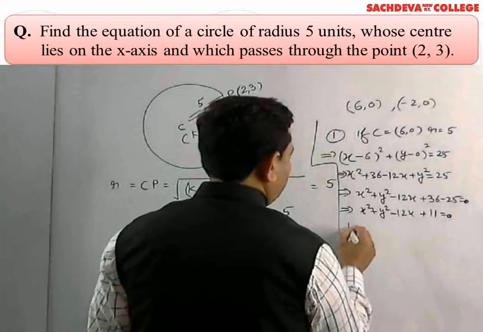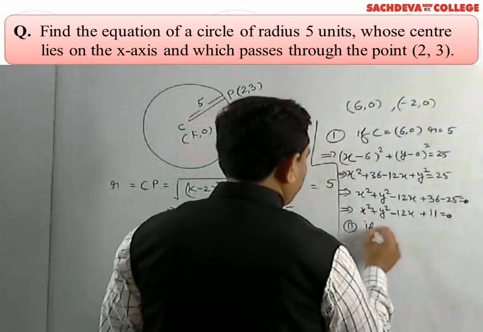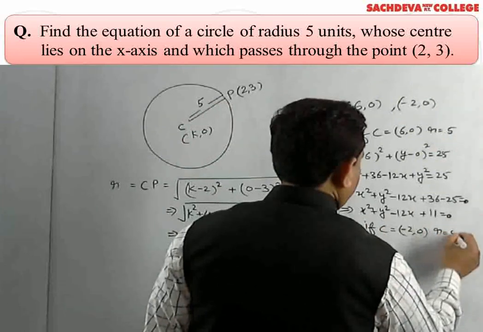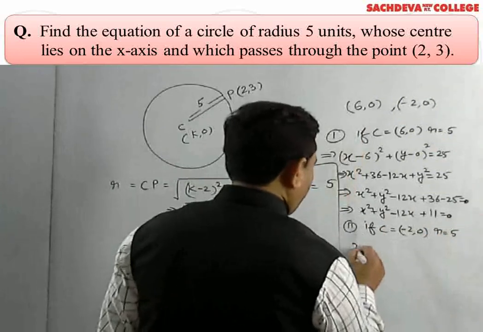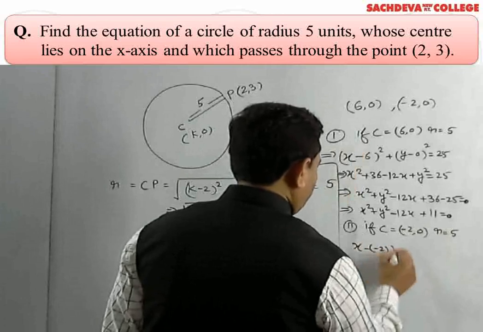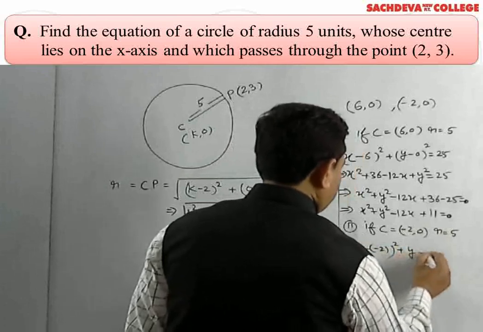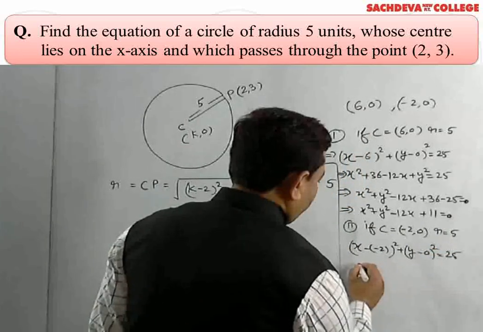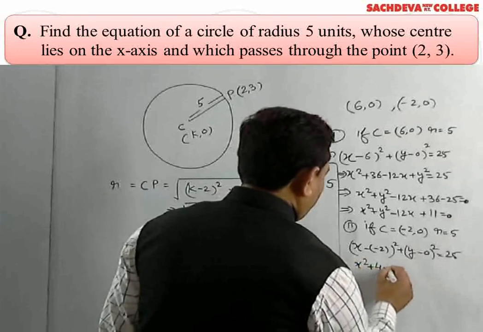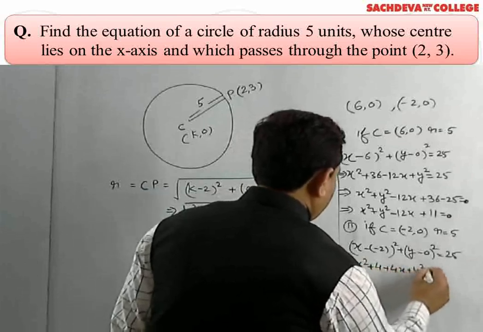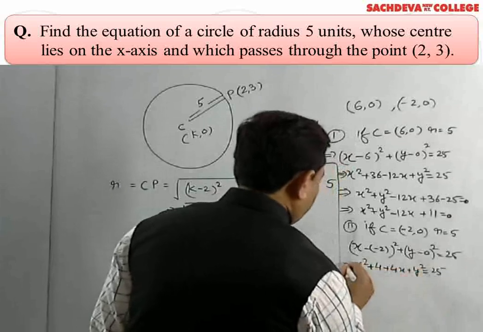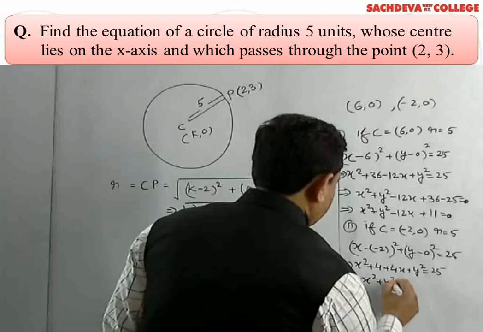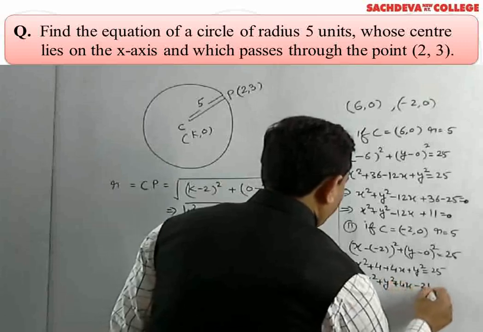But in the second case, if the center is (minus 2, 0) and radius is 5, then the equation of the circle will be (x plus 2) whole squared plus (y minus 0) whole squared is equal to 25, or x squared plus 4 plus 4x plus y squared is equal to 25, or x squared plus y squared plus 4x minus 21 is equal to 0.